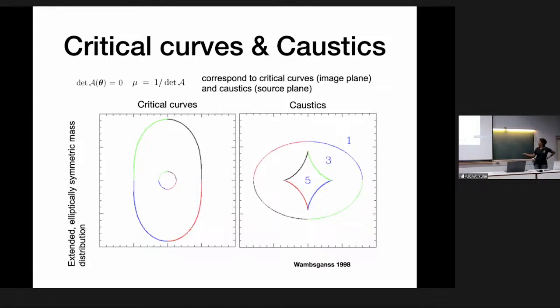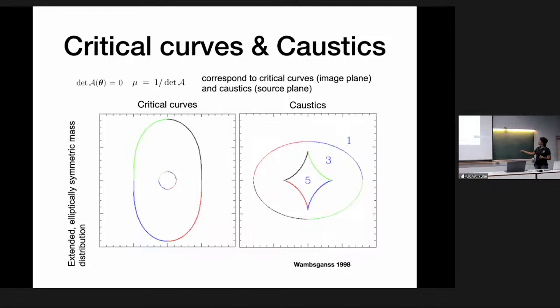Suppose the source is far away from the line of sight to the lens. This is the region which falls in the weak lensing regime, where you only see some distortions of the images. What we mean by one here is that there is only one image. There are no multiple images at this point.